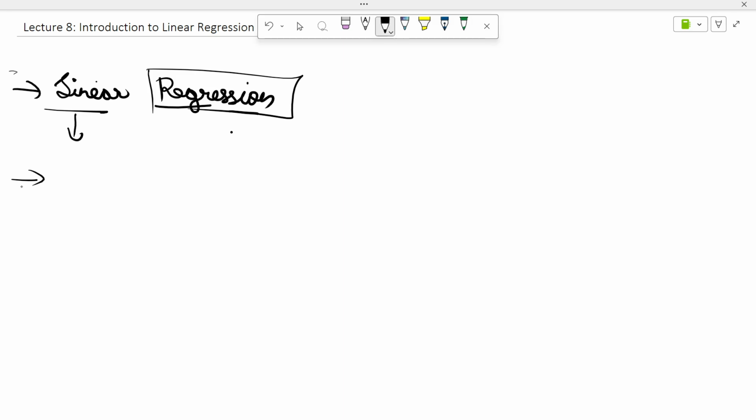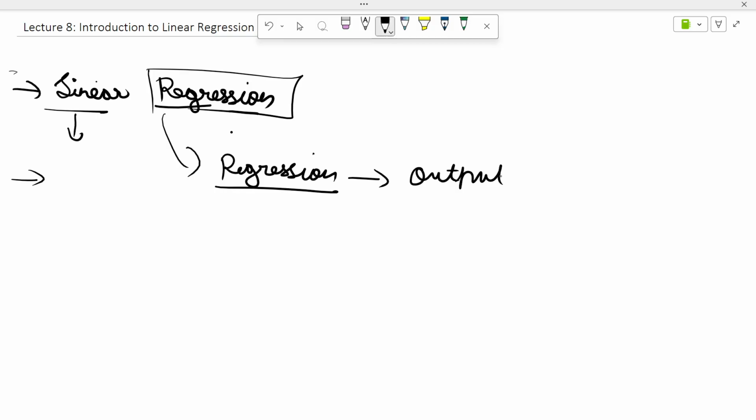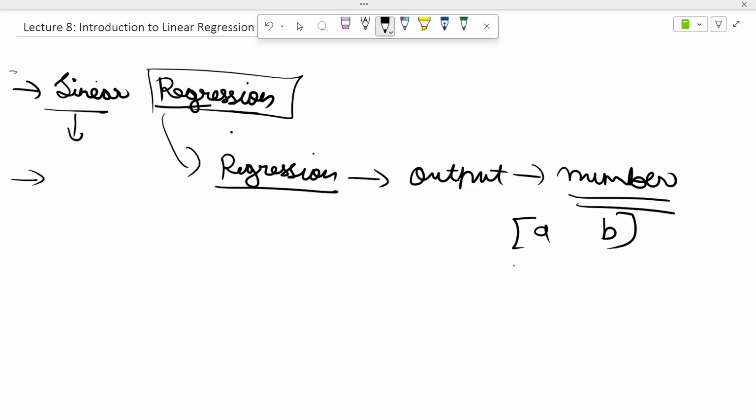In the previous lecture, I explained the regression task, or the types of supervised learning: regression and classification. In the regression task, the output is always a number, or continuous. It can be anything from some fixed given range A to B, or from minus infinity to infinity, depending on the nature of the output, but it is continuous.